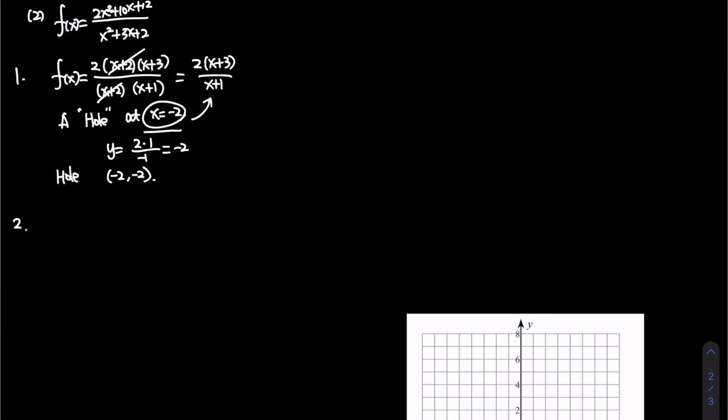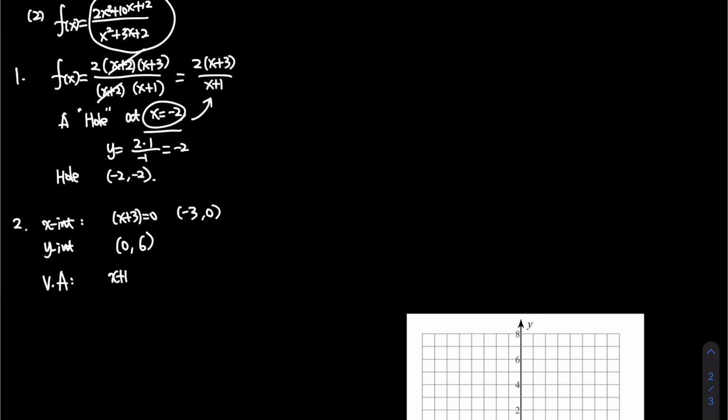After we factor it, we are going to find x-intercept, y-intercept, same thing as before. So the x-intercept in this case, we set the numerator equals 0, x plus 3 equals 0, so x equals negative 3. Y-intercept, we plug 0 into the original equation, so (0, 6). And vertical asymptote, the denominator x plus 1 equals 0, so x equals negative 1.